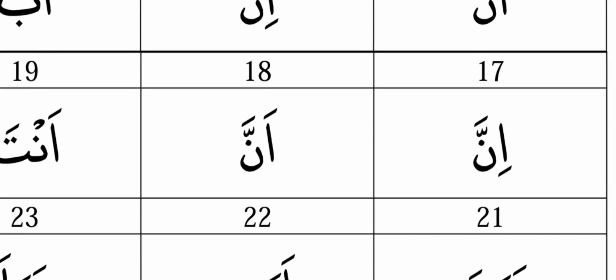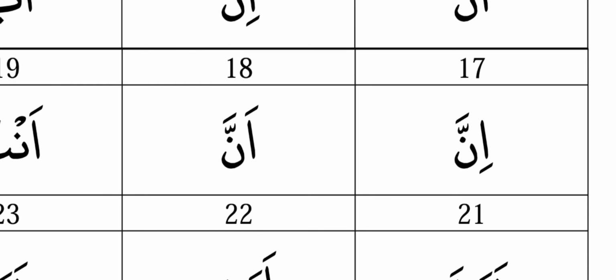As you can see with inna and anna, there are shaddas on the noon. So we read it with ghunna and the noon will be doubled. Remember that. Ghunna means the sound will come through your nose as well as through the mouth.